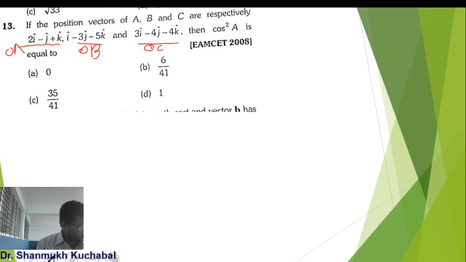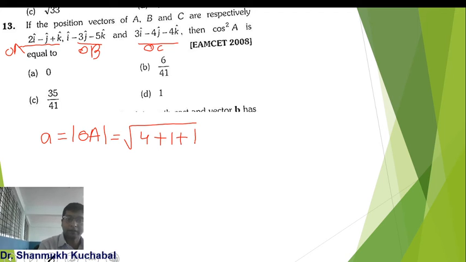Then we have to calculate the magnitudes. Magnitude of A equals magnitude of OA, which means under the square root of i coefficient squared, j coefficient squared and k coefficient squared. So we get 2 squared, 4, plus 1 plus 1, so we get root 6.